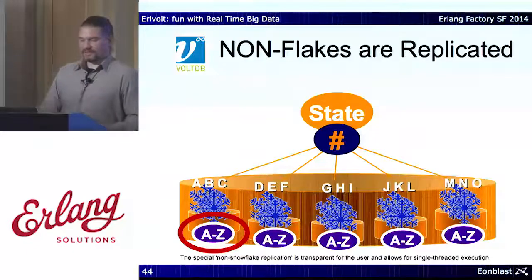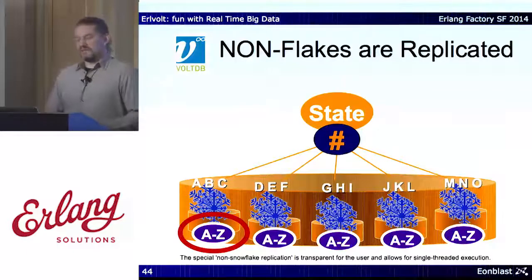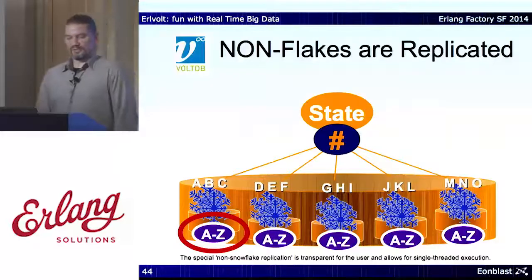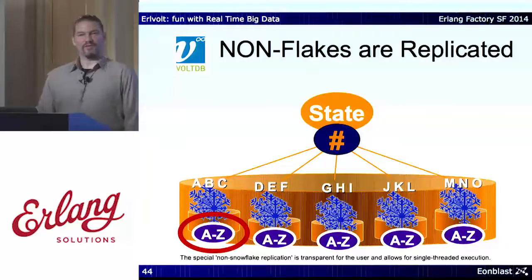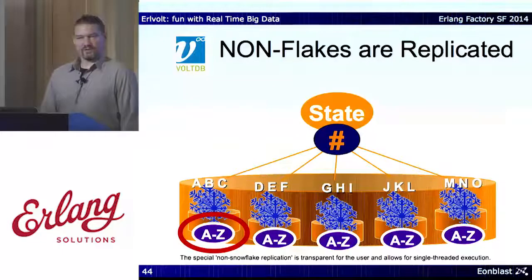And the beauty of that is that if you think it through, very often in real examples, something like the product numbers or the product entries in a database, it makes a lot of sense to replicate them across all servers, because they are usually changing very infrequently compared to customer data or order data. And when they change, VoltDB takes over the job to synchronize the change across all individual servers.